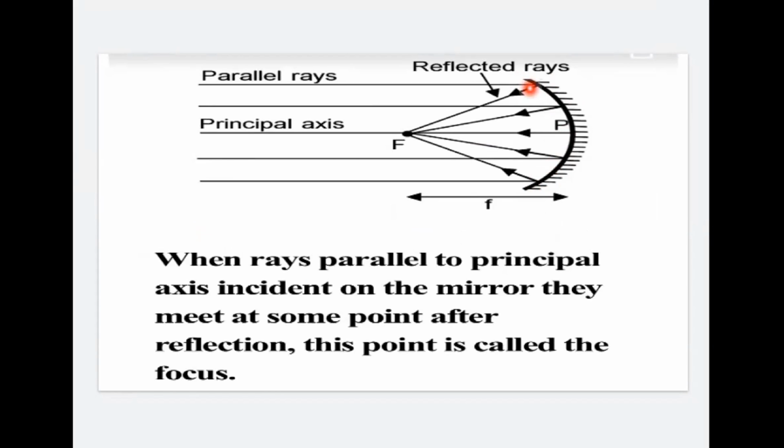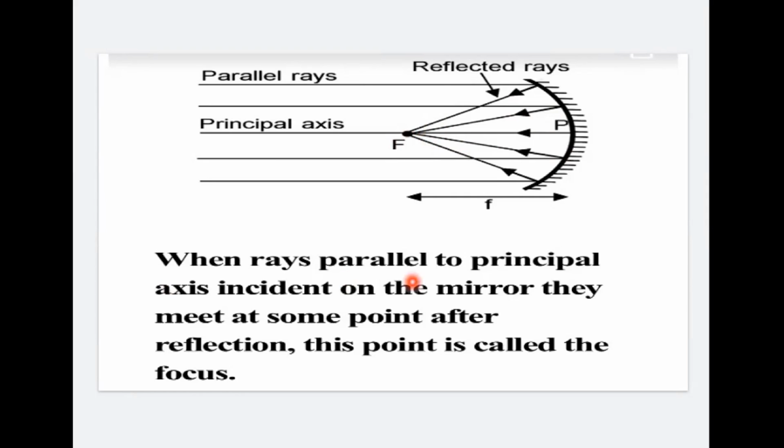If you look at this picture carefully, all the incident rays on this concave mirror, after reflection, come and meet at point F. These reflected rays are focused at one point F. This point F is called the focus of the mirror.